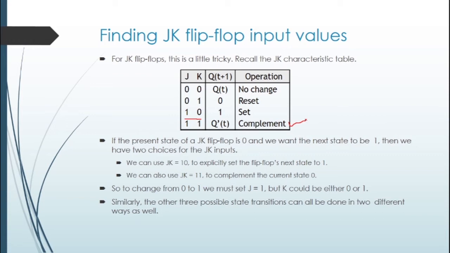If JK is 0 1, the next state will be 0 whatever the current state is. If JK is 1 0, the next state will be 1 whatever the current state is. So we have got 2 options for each transition.